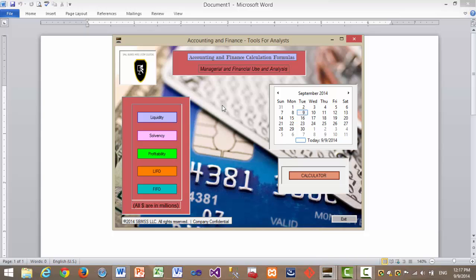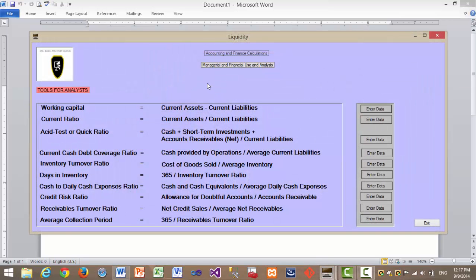First, we will click on the button called Liquidity, which is a tool that analysts use to calculate various formulas such as working capital, current ratio, acid test or quick ratio, current cash debt coverage ratio, inventory turnover ratio, days in inventory, cash to daily cash expenses ratio, credit risk ratio, receivable turnover ratio, and average collection period.